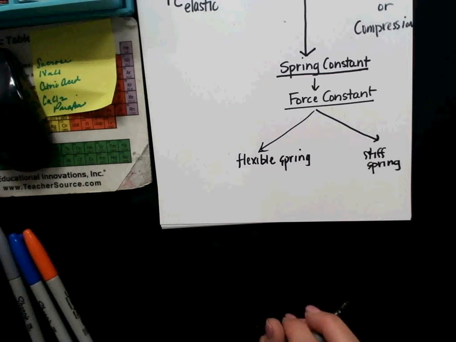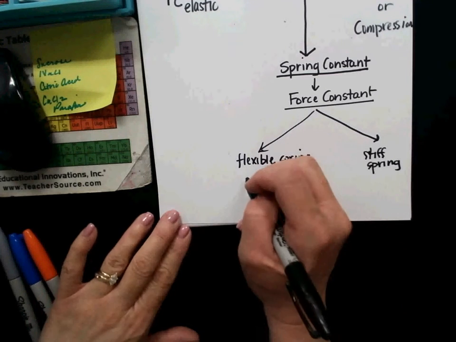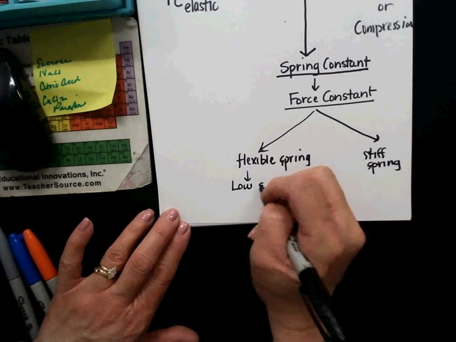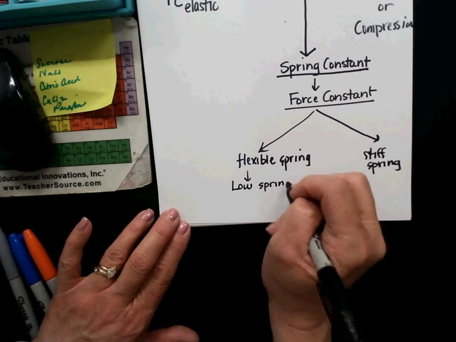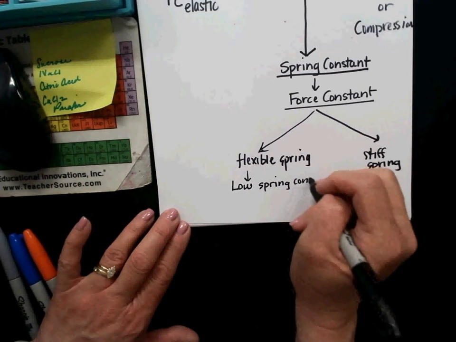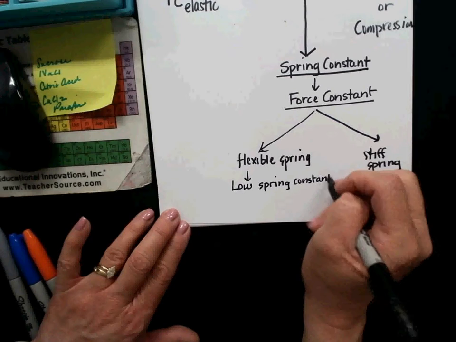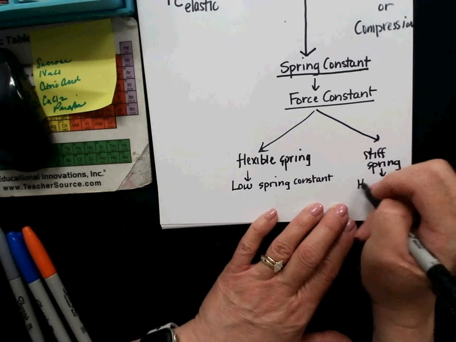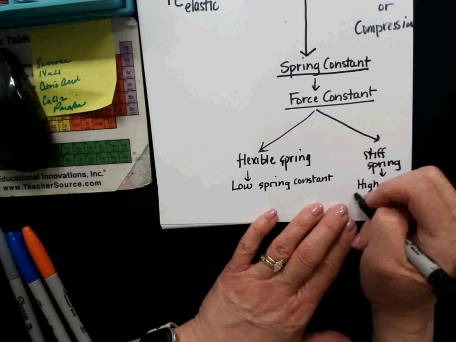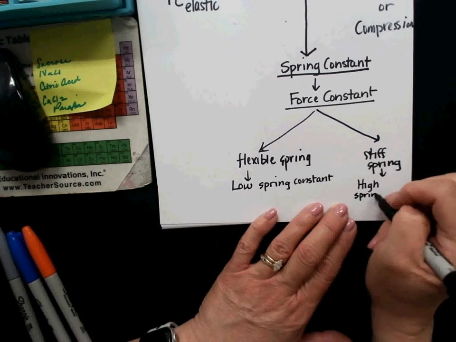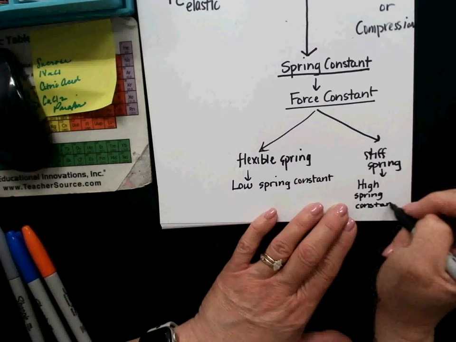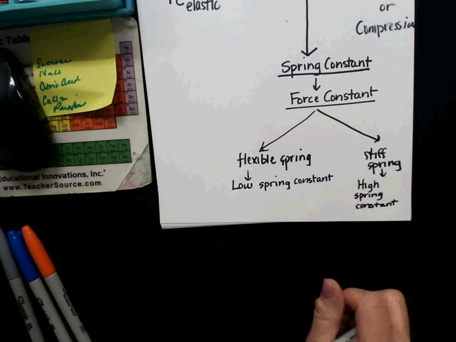If I have a flexible spring, it should have a low spring constant. It's not very hard to stretch. If I have a stiff spring, it should have a high spring constant.